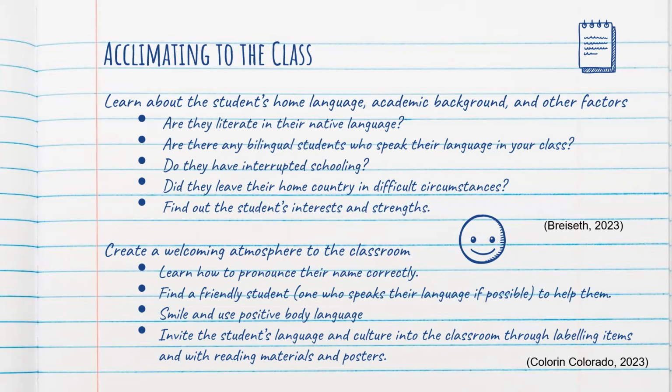And then find a friendly student. If you don't have a student that speaks their language, you may have other friendly students that are very willing to give the new student a hand.